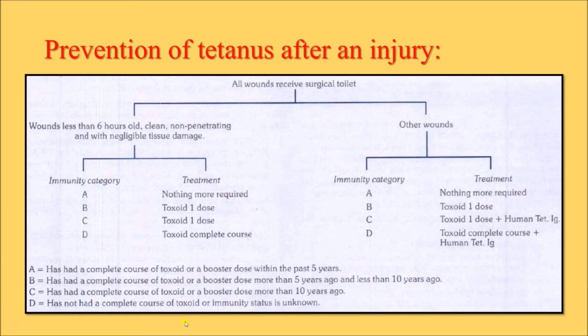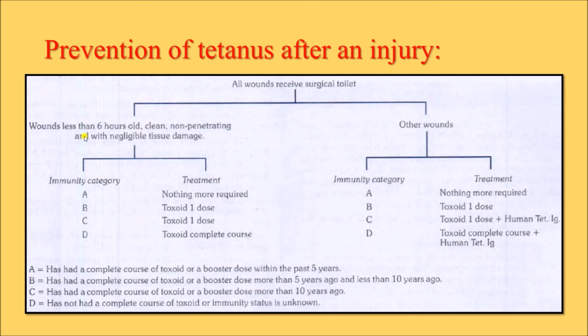Now this is a chart which is present in any standard textbook, and it is a flow diagram about how to prevent tetanus after an injury. This is actually a part of long question. So all wounds should receive surgical toilet, so it should be thoroughly cleaned with soap and water. And we have to categorize the wound.